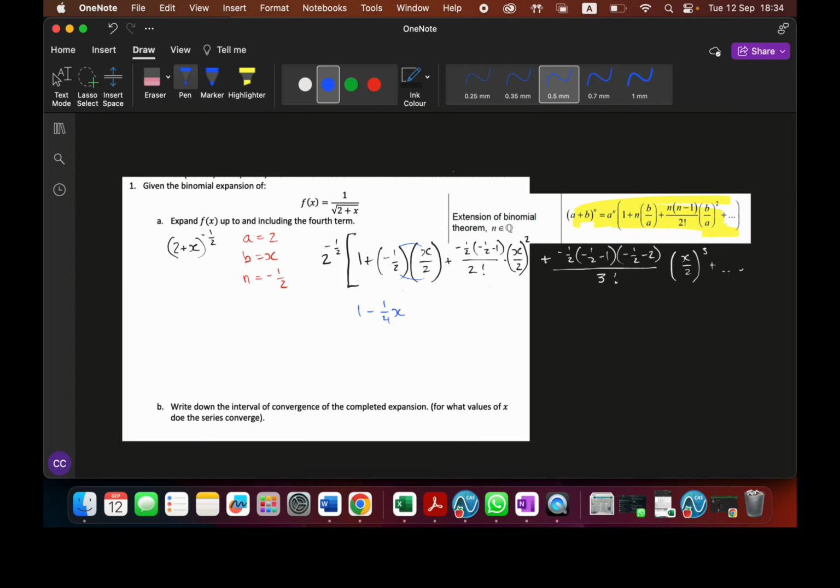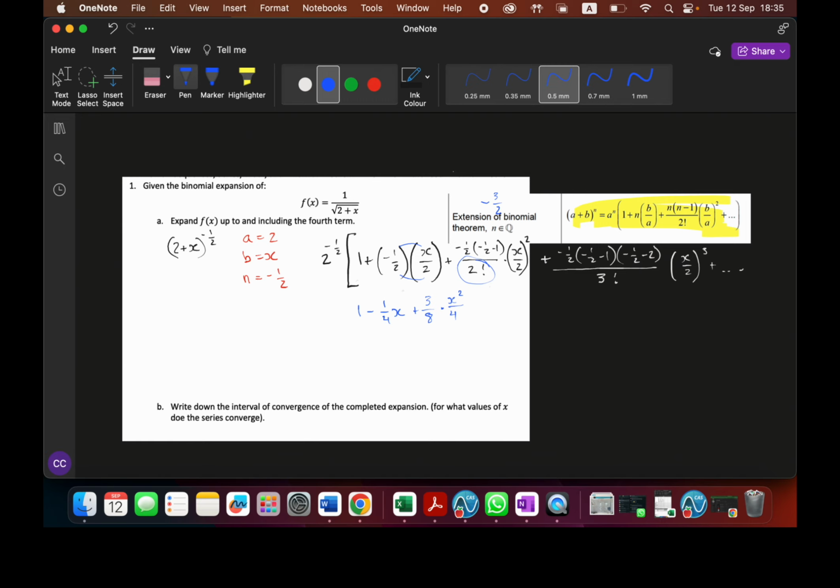Okay, so negative 1 minus 1 would be negative 3/2, and negative 3/2 times negative 1/2 would be positive 3/4, but then I'm dividing by 2, so that would be positive 3/8, and then x over 2 squared would be times x squared over 4.